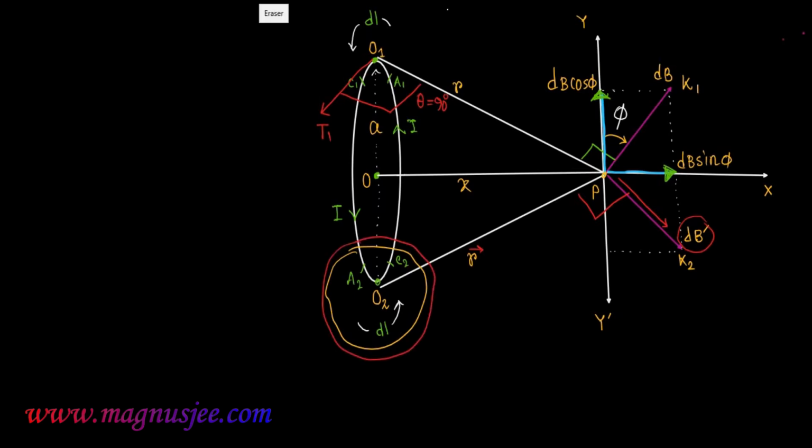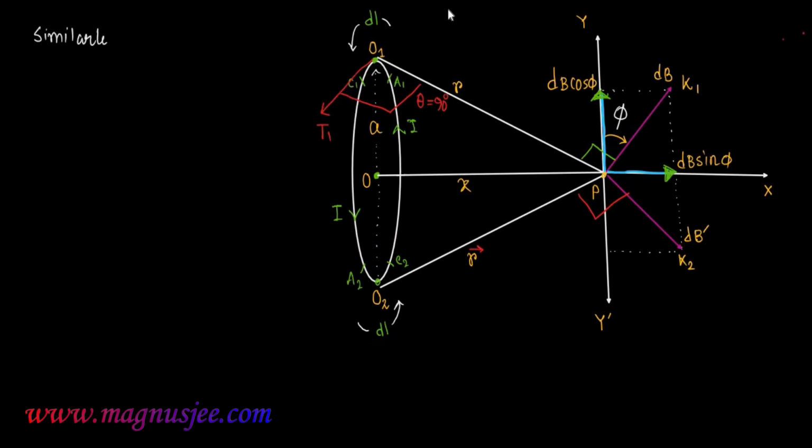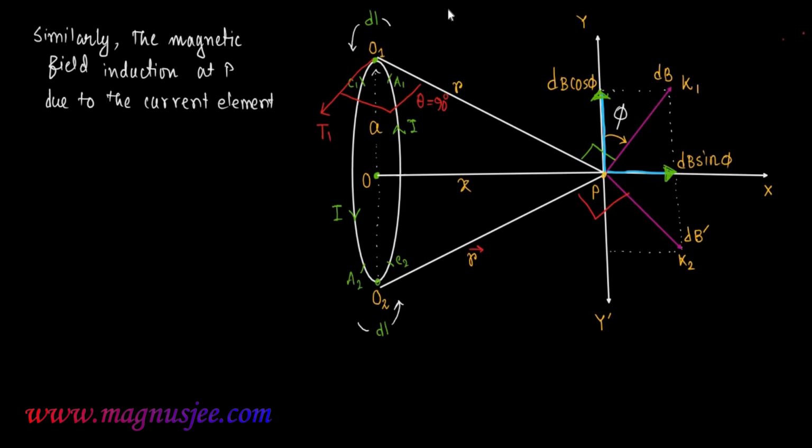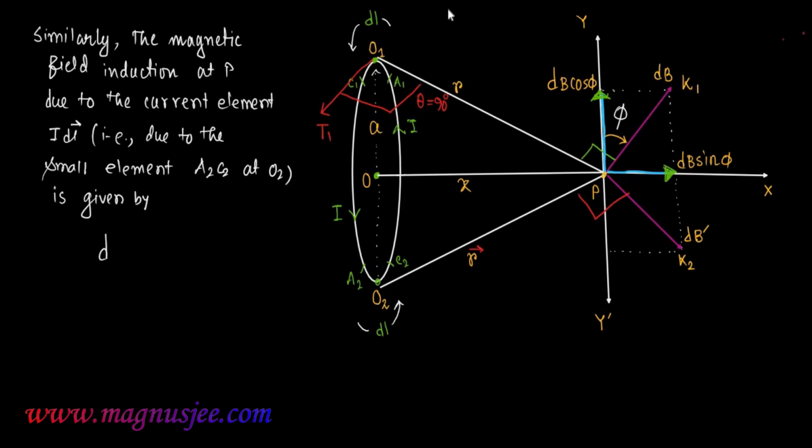In that case, if we consider the current element A2C2 of length dl, similarly the magnetic field induction at the point P due to the current element I vector dl, that is due to the small element A2C2 at the point O2, is given by dB prime equal mu 0 by 4 pi I dl sin theta divided by r square.